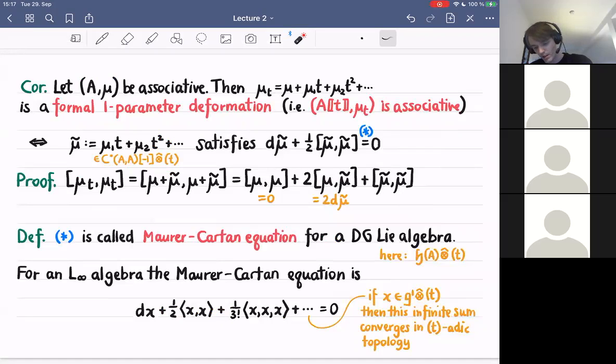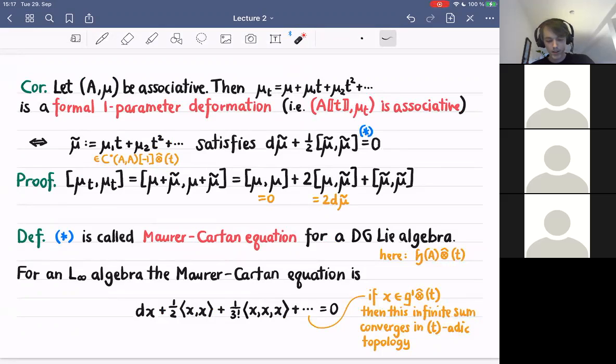By this I mean A double brackets t as the underlying vector space. So you tensor the vector space underlying A with K[[t]], the formal power series, and then you use this multiplication mu_t, and you want this to be associative, and then you call it a formal one-parameter deformation.